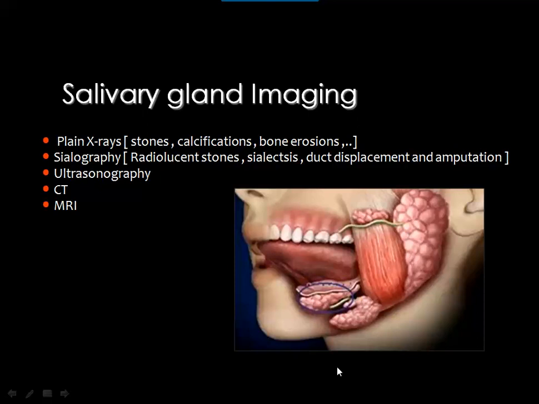You know that there are a lot of imaging modalities for evaluation of the salivary glands, starting with the plain X-ray, which can show the radiopaque calculi, calcification in the region of the salivary glands, and if there is malignant disease associated with erosion of the adjacent part of the mandible, it may appear in the straight radiographs.